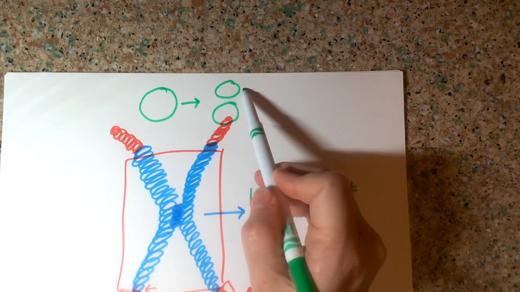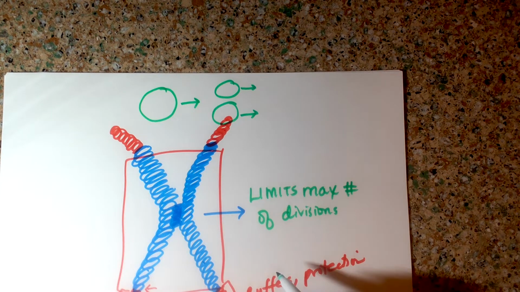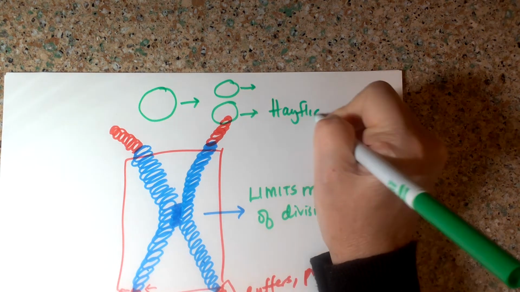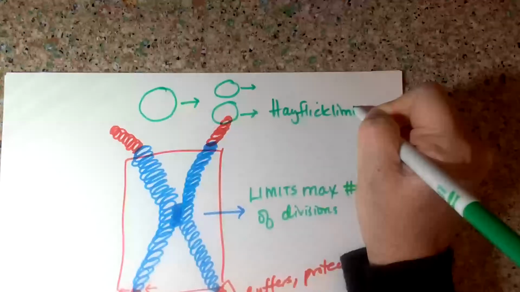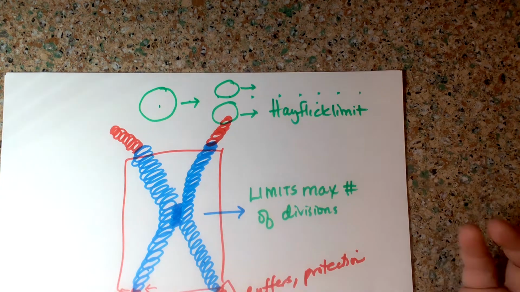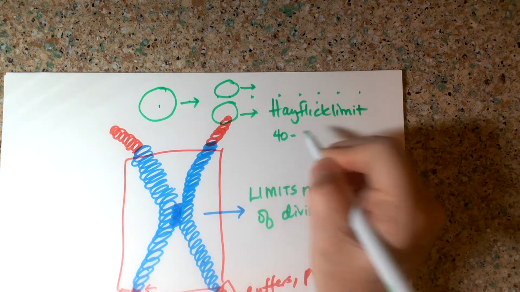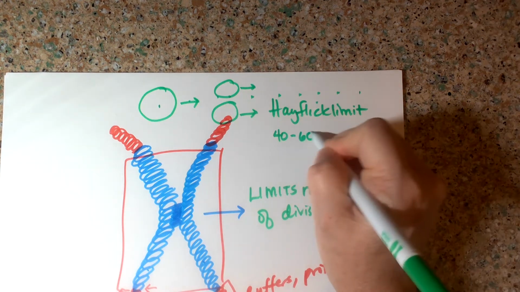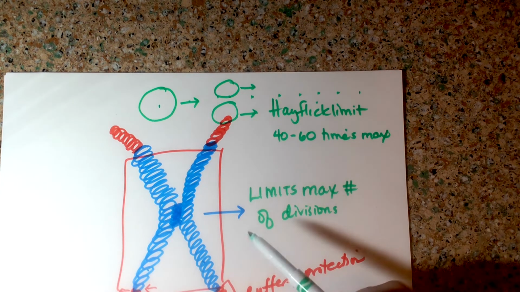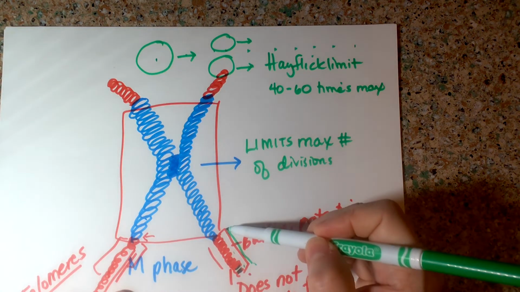And the theory is, and the math works out, the limit is called the Hayflick limit. Okay, and that cell and its lineage can maximum divide, this is kind of a big range, but between 40 and 60 times is the max amount of times, and that's estimating how long it takes to degrade this whole telomere.